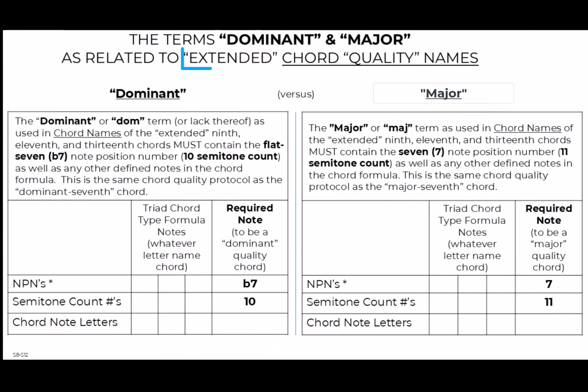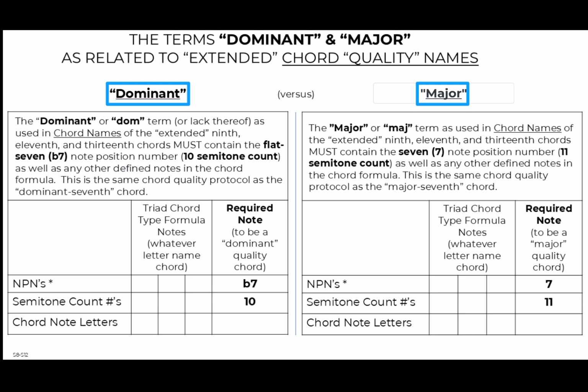It's that simple. As we move towards the extended chord type examples of 9, 11, and 13th chords, let me first begin by pointing out that they also use the terms dominant and major in their chord names, similar to the 7th chords.